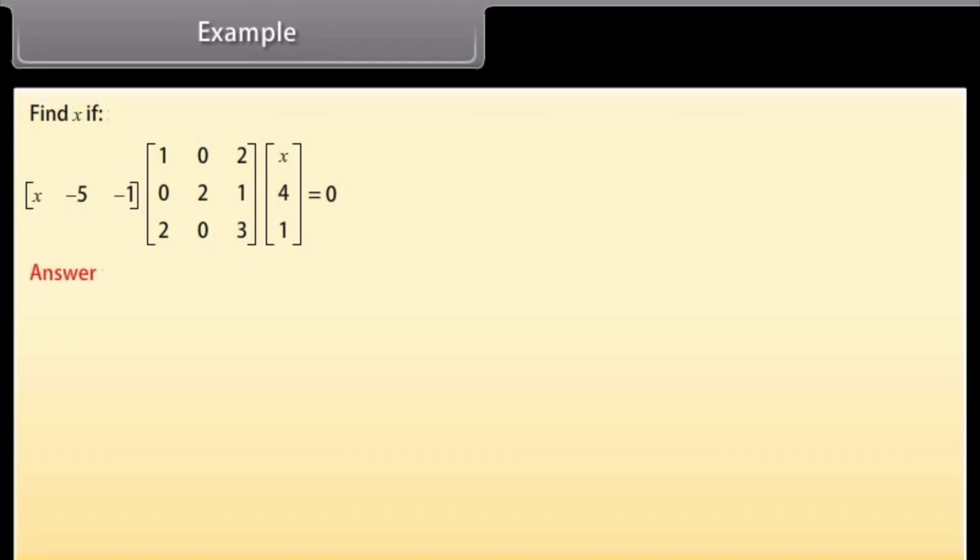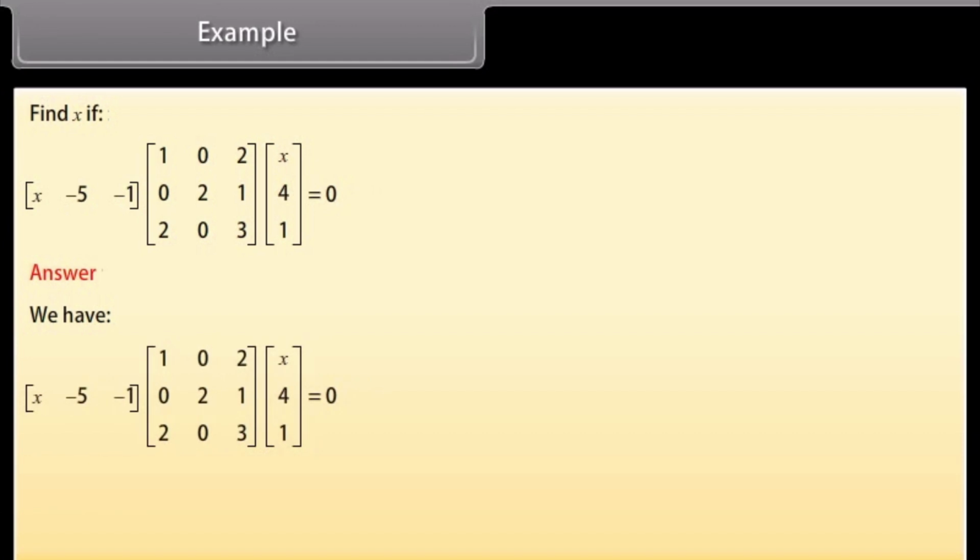Given that, we have the matrix [x -5 -1] multiplied by the matrix with rows [1, 0, 2], [0, 2, 1], [2, 0, 3] multiplied by the matrix with rows [x], [4], [1] is equal to 0.